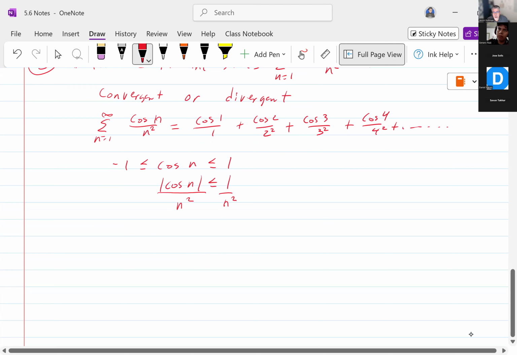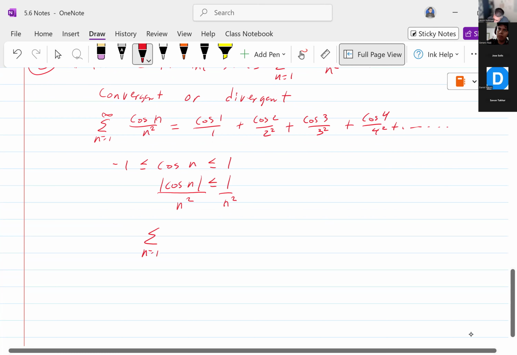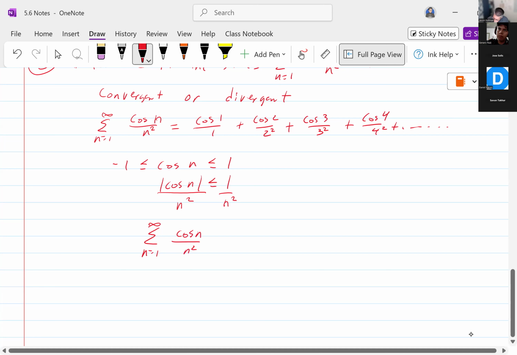So what we're going to try to prove here is absolute convergence, and then we'll get convergence. Is this thing absolutely convergent? Is the sum over n equals 1 to infinity of cosine n over n squared absolutely convergent?